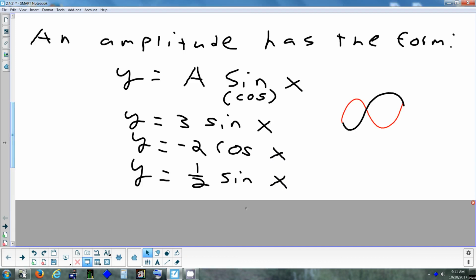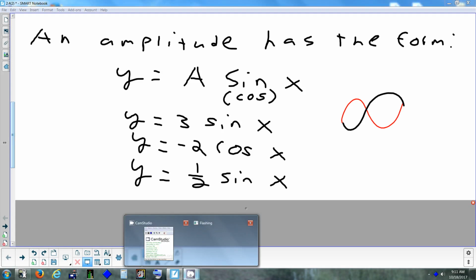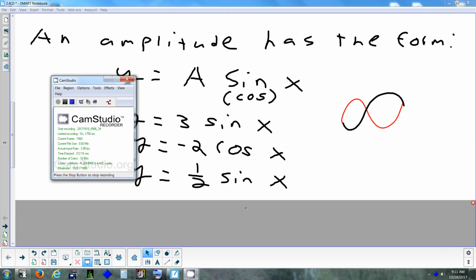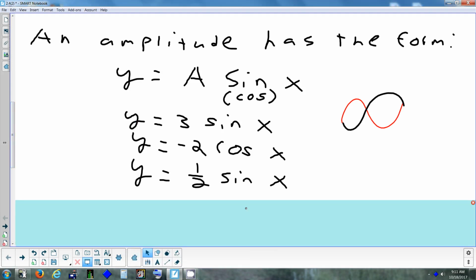Now this is also an amplitude change, but it's a little different. What do you think putting a fraction in front would do to the wave? Would it shrink it? Yeah, it would compress the wave. I'll just draw it.